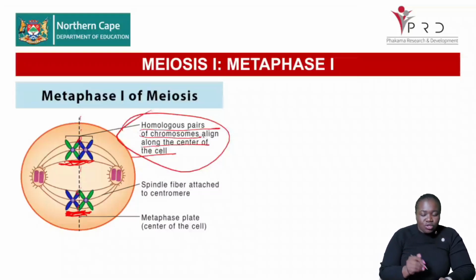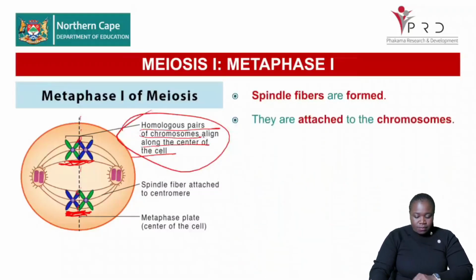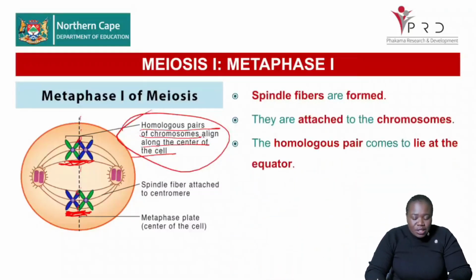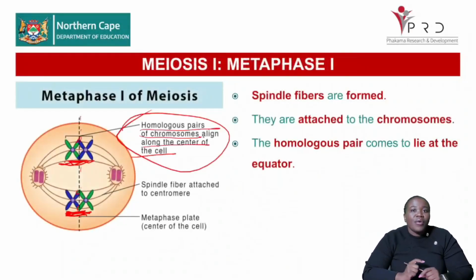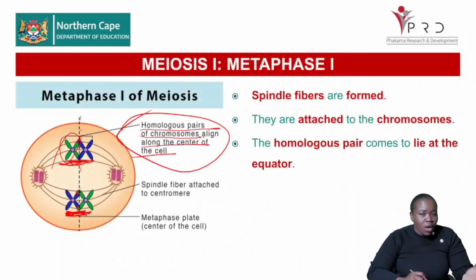Now, another thing that you need to remember about these chromosomes aligning at the equator is that they are going to align randomly. So as much as they are aligning in homologous pairs, they are going to be aligning randomly. As you can see here, we have the green one on our left and the blue one on our right.